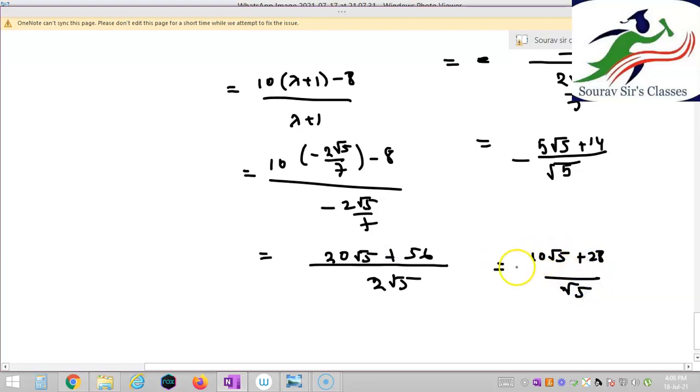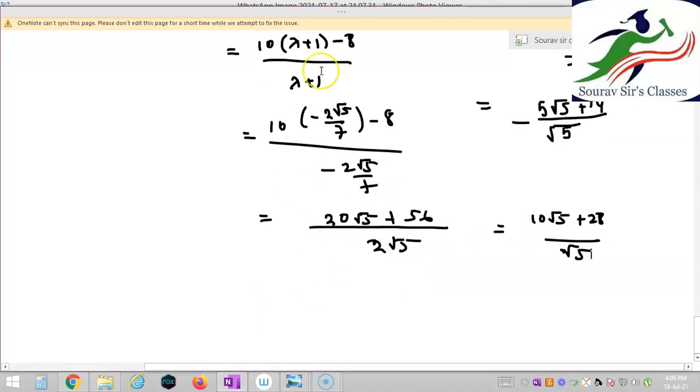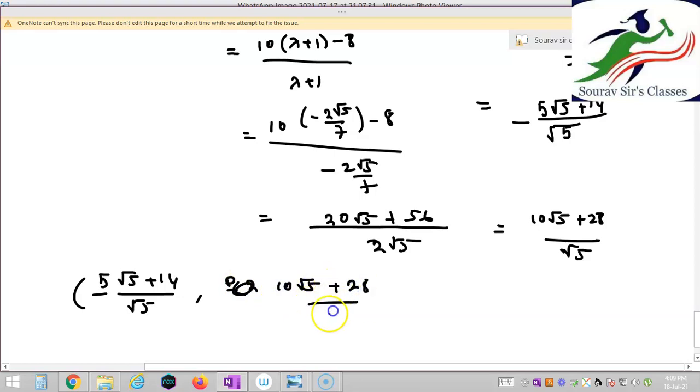Okay students, so this is the value of y. So the other point is 5 root 5 plus 14 by root 5, comma, minus 28 by root 5.